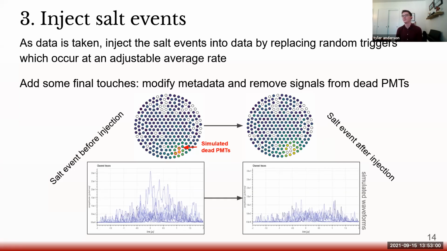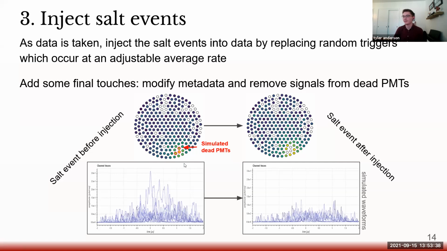To inject, we actually replace random triggered events, and these random triggers occur at an average rate such that you won't be able to tell if one is missing or not, so you can't identify salt. Along the same lines, you also want to modify any metadata that will reveal these events as salt, and we also remove any PMT signals from PMTs that have died in between taking your calibration data and physics data when you want to do the injection.